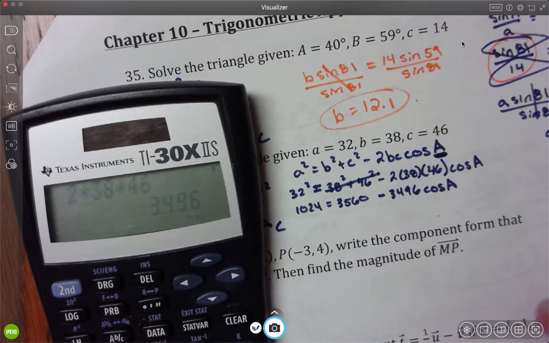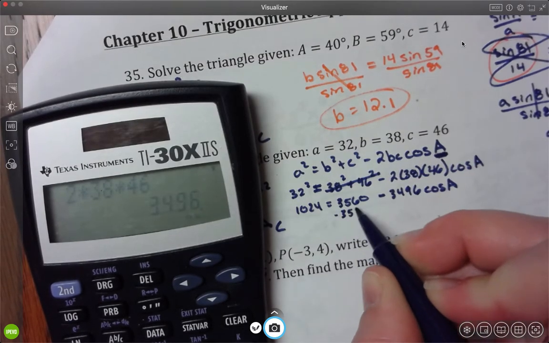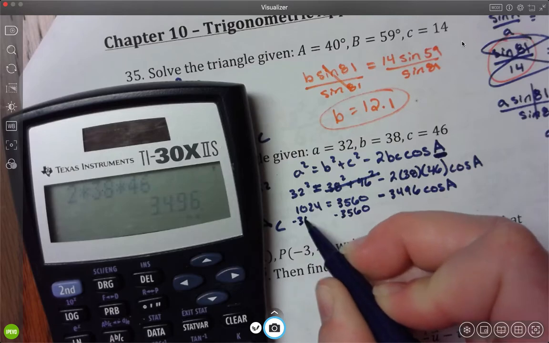But what I can do is subtract the 3560 to the other side.